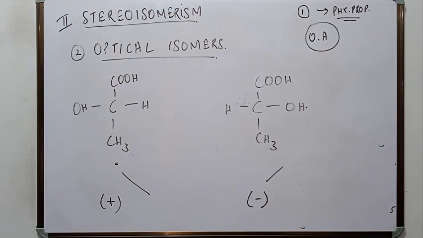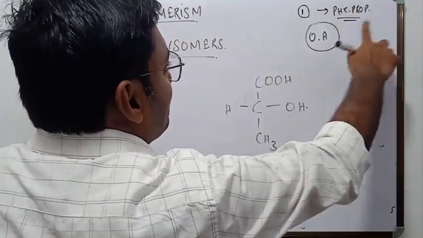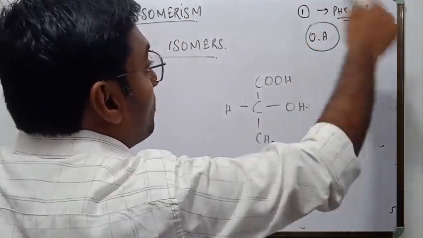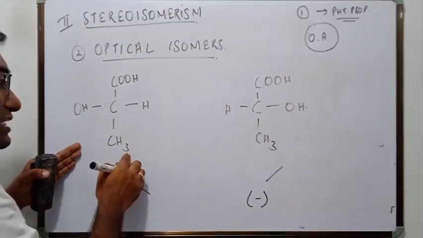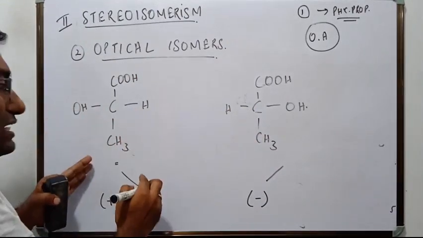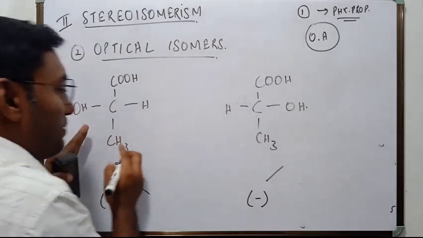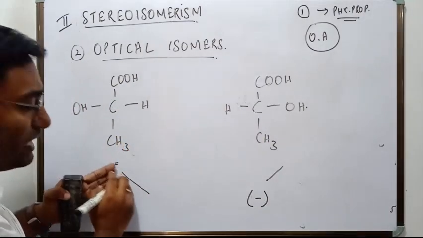So that is the only difference between the optical isomers. Rest all the physical and chemical properties are the same. The only difference is that one of its physical properties is different, and that physical property is the optical activity. That is, when plane polarized light passes through one of the isomers, it may rotate the plane of polarized light towards the right.